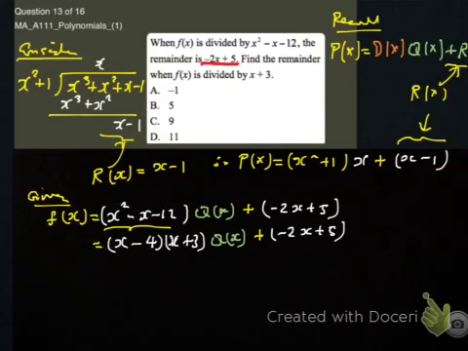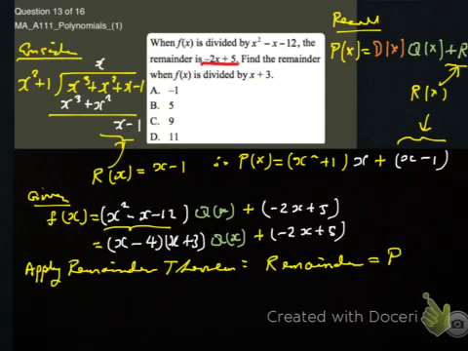So if x plus 3 is part of the divisor, then we can also consider that x plus 3 can generate a remainder. So we consider that x plus 3 is equal to 0.